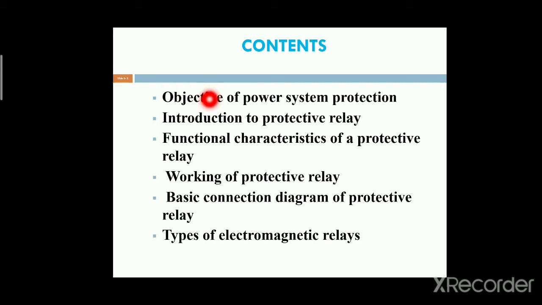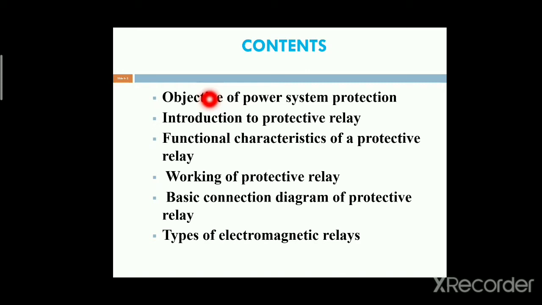Next, the overall system protection is divided into generator protection, transformer protection, bus bar protection, and transmission and feeder protection. In a power system, the generating station, transformers and bus bars are the main important parts.